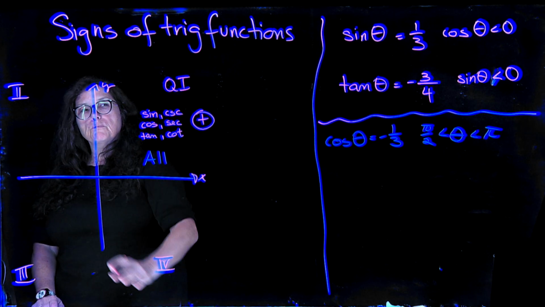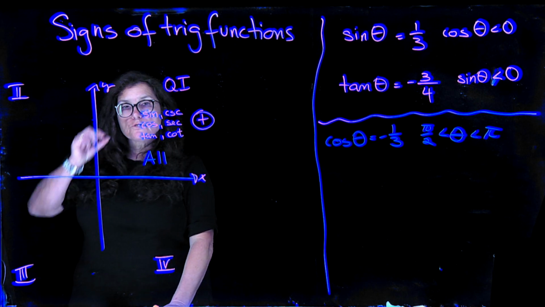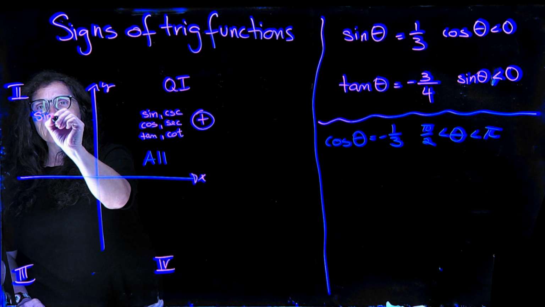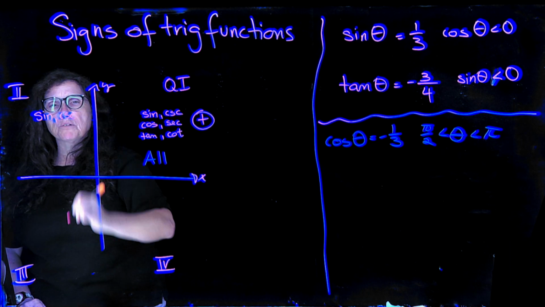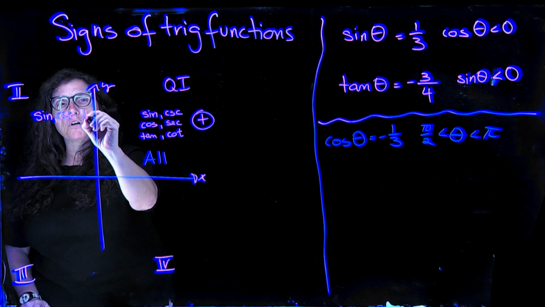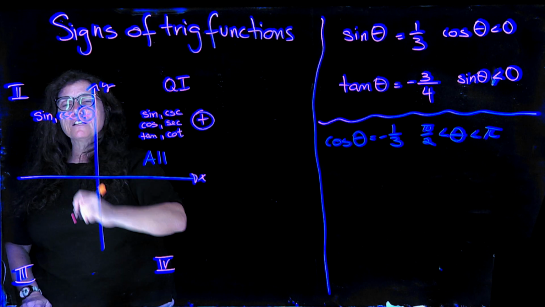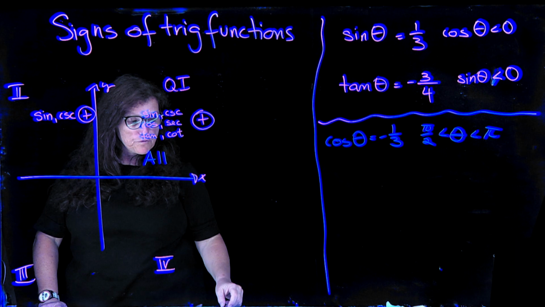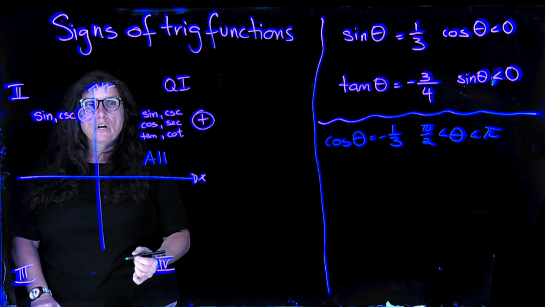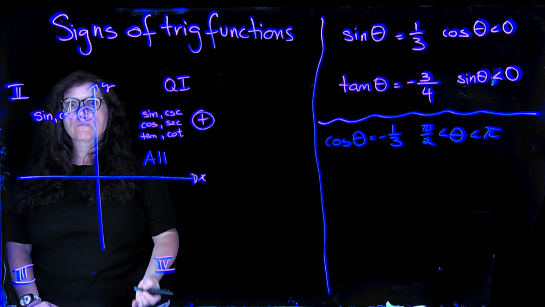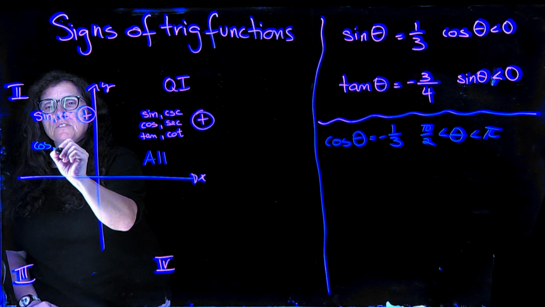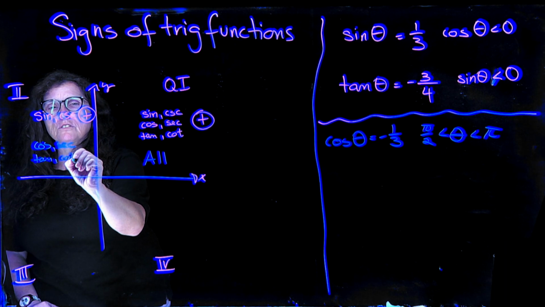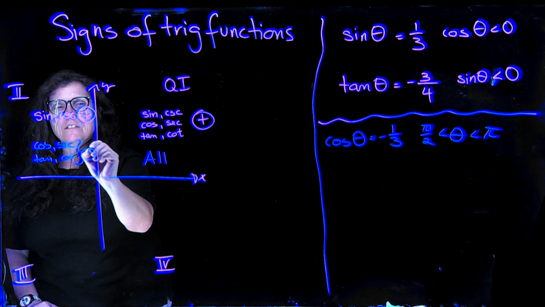Now let's go to quadrant 2. In quadrant 2, only the sine and its reciprocal, the cosecant, are positive. So these are the only 2 trig functions that are positive in quadrant 2. The rest, cosine, secant, tangent, cotangent, are negative.